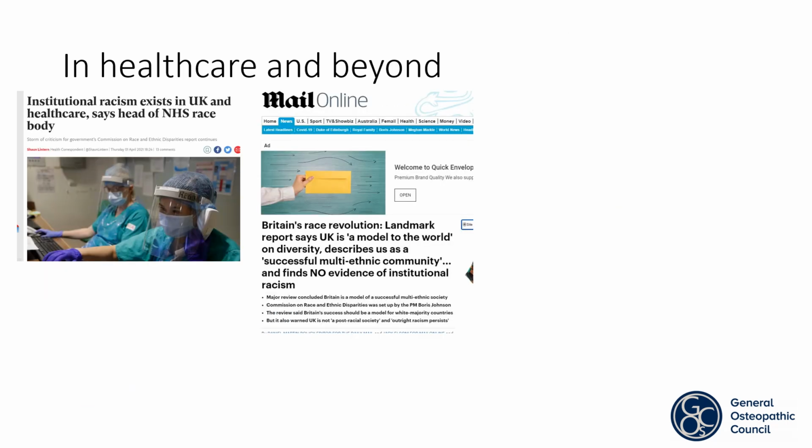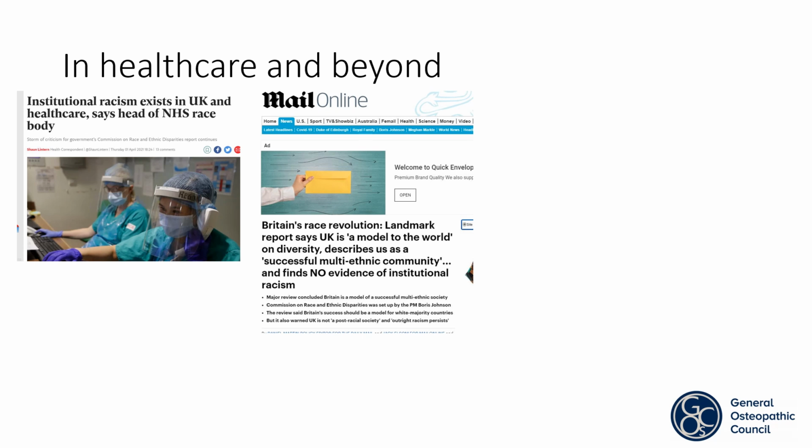If we look in healthcare and even beyond, this is something that is also quite common. So we can see on the left-hand side that there is institutional racism that exists in the UK in healthcare. And if we then look at another report that was conducted, this report found that there was no evidence of institutional racism.